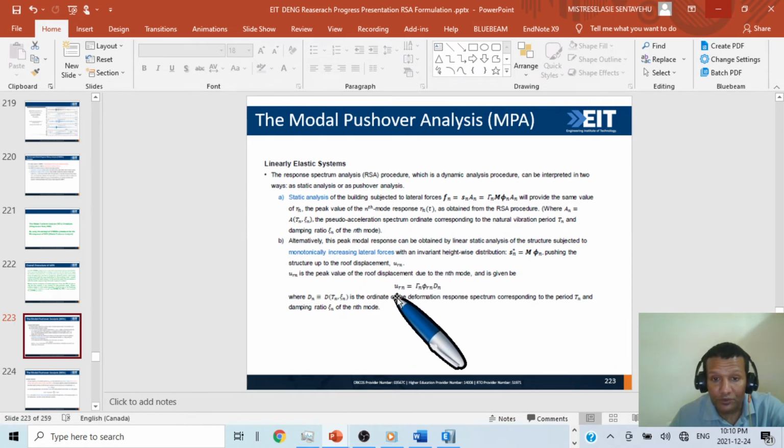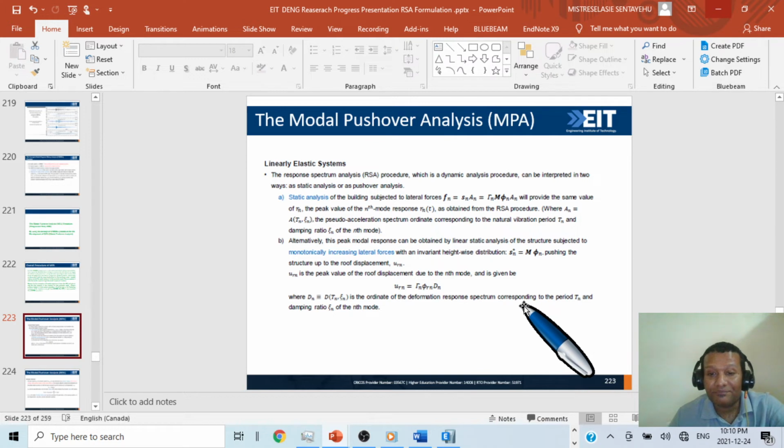Dn is the ordinate of the deformation response spectrum corresponding to the period Tn and damping ratio of the nth mode. So you can find it from the displacement response spectrum with the time period of your structure. You take the mode shape and mode participation factor for each mode, for each floor, multiply them, and you can find the peak for your structure.